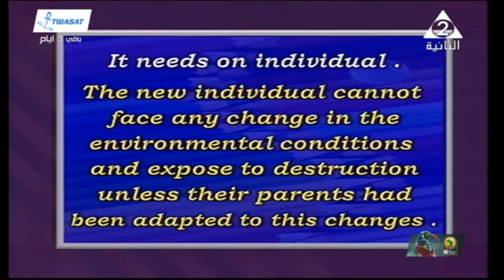this individual will take every condition of facing conditions from their dad and mom, from their parents. But in the case of asexual reproduction, if the parent, the individual responsible for reproduction, couldn't face the environmental condition before, the new individual also cannot face those environmental conditions.